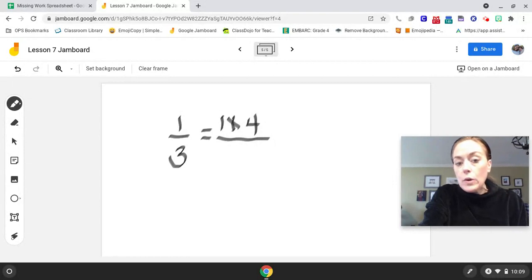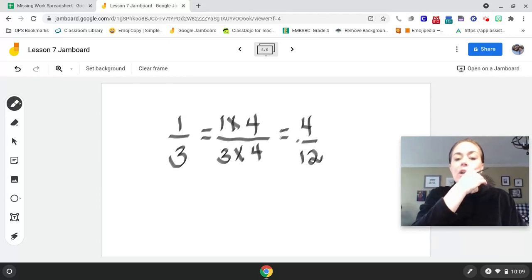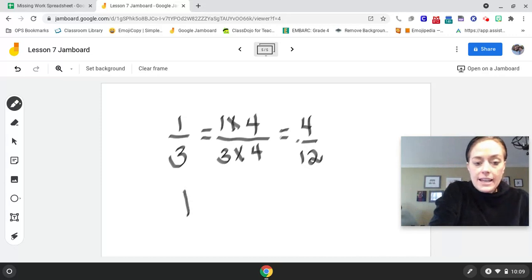So I did my numerator 1 times 4, and now I have to do the bottom, or the denominator, which is 3 times 4. And now I get 4 twelfths. So let's test it and see if that's right using our area model.